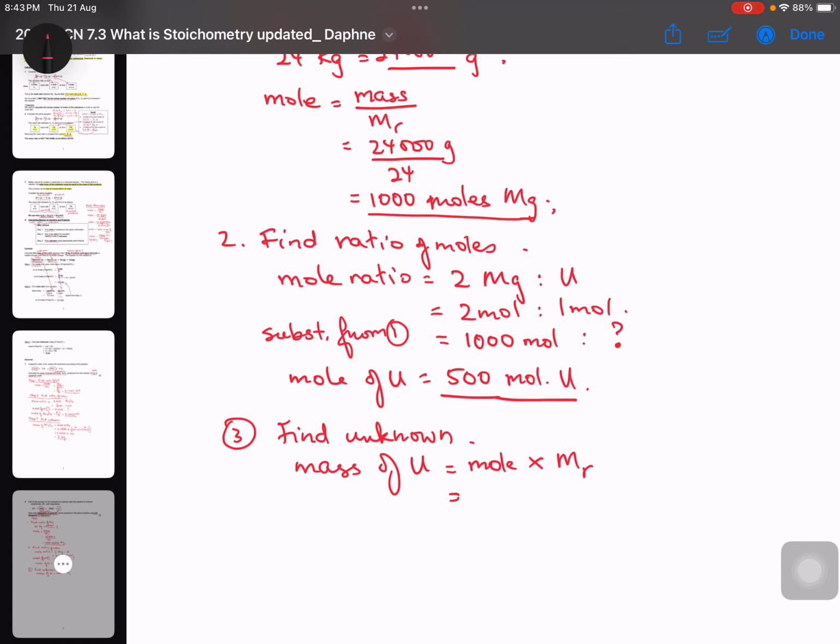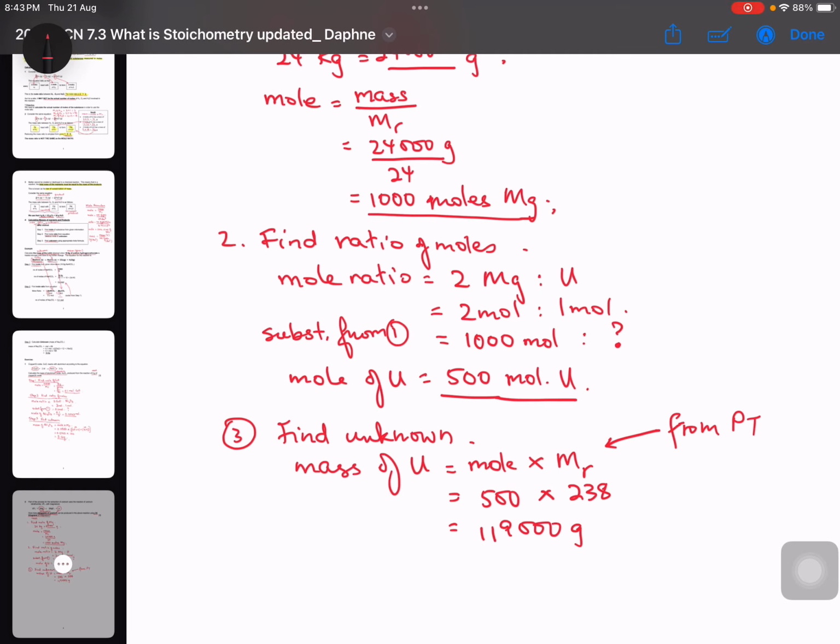How much do we get? 500 times 238, found from the periodic table for uranium, okay? So this will be equals to 119,000 grams.